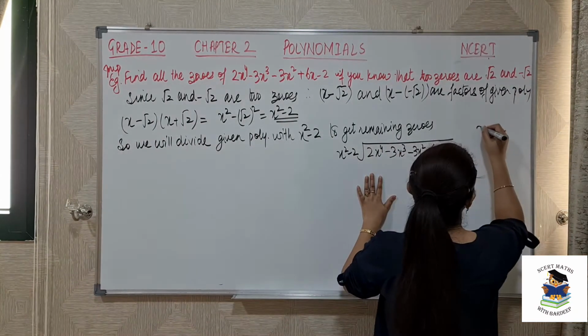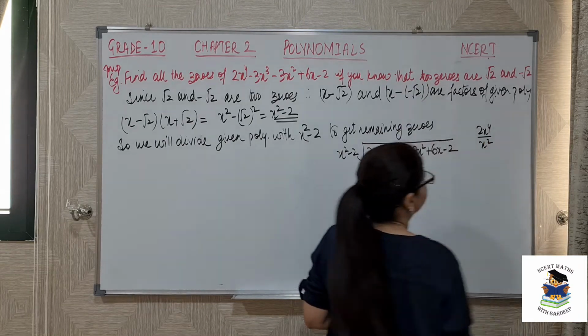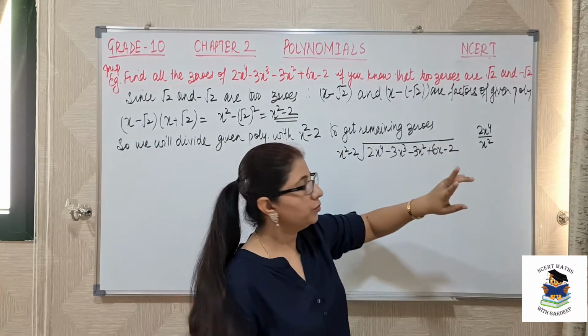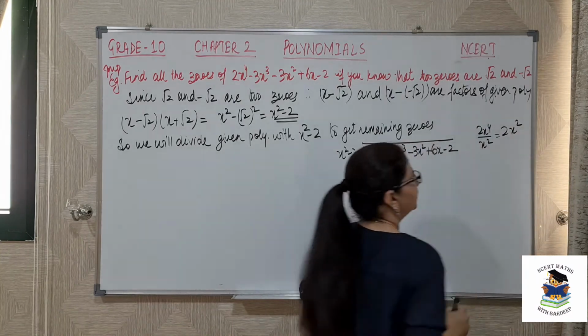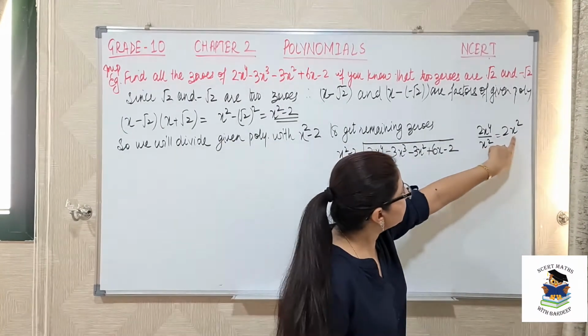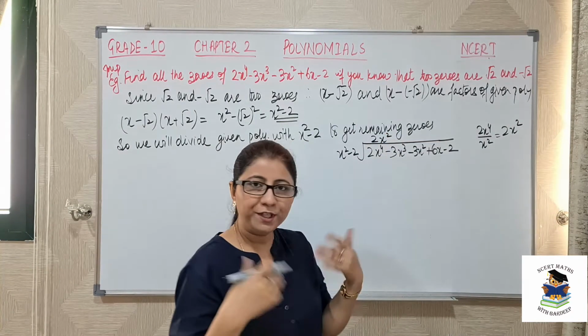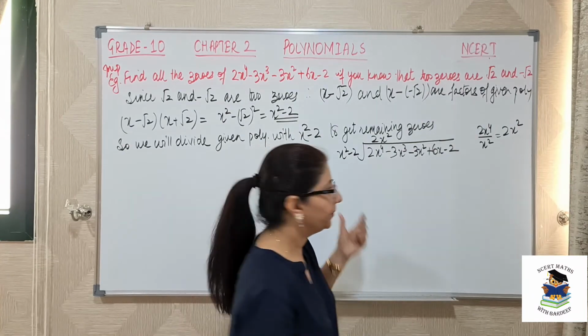So this is 2x^4 divided by x square. Here x raised to power 4, x raised to power 2, so 2x will be cancelled and we will be left with 2x square. So whatever this term is, we should write in the quotient. What is my next step? I should multiply this with the divisor, right?